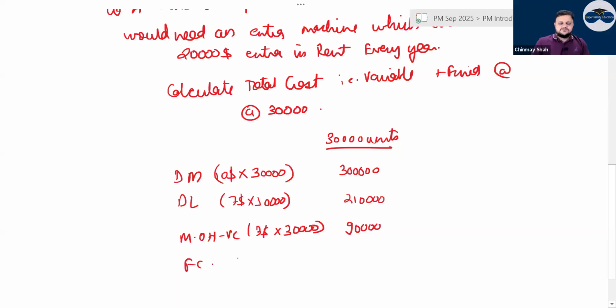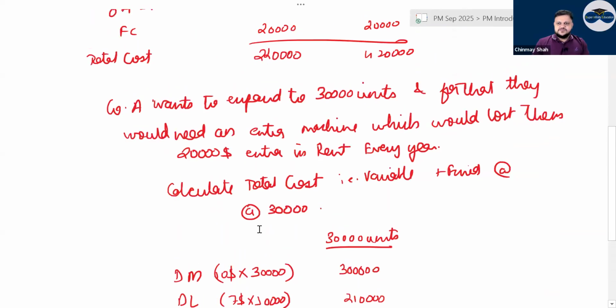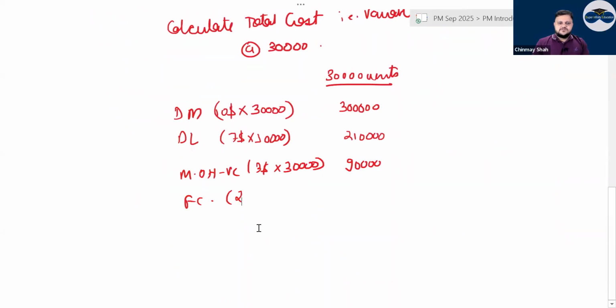Then how much is the fixed cost? Old was how much? 20, right? Now it will be how much? Old was 20, now 40,000, more 20. Means fixed will be 40. How much is total cost?